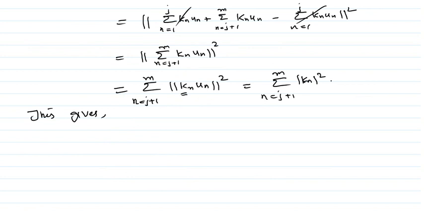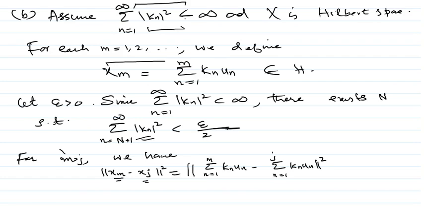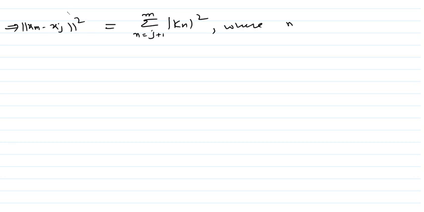Let's write this here. Sorry, in the previous way we have this thing. तो हमें यहाँ पर फाइनली क्या आया था, so it was equal to summation n runs from j plus 1 to m. Okay, this thing ये हमें मिला था. Okay, so this was actually norm of x_m minus x_j whole square, where this m is greater than j.